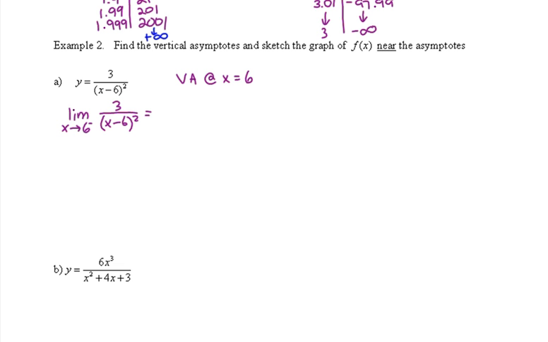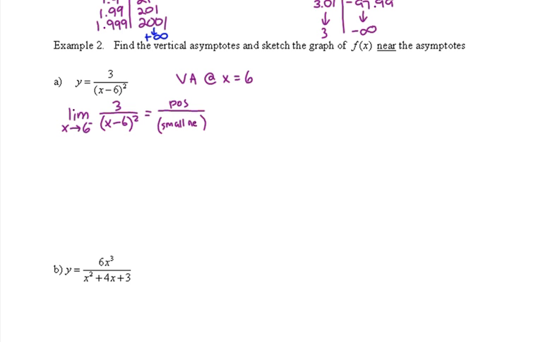Okay? So from the left side of 6, what kind of numbers are to the left of 6? 5.999. So I'm going to have a positive 3, so a positive, over, if I have 5.999 minus 6, what's that? Small what?